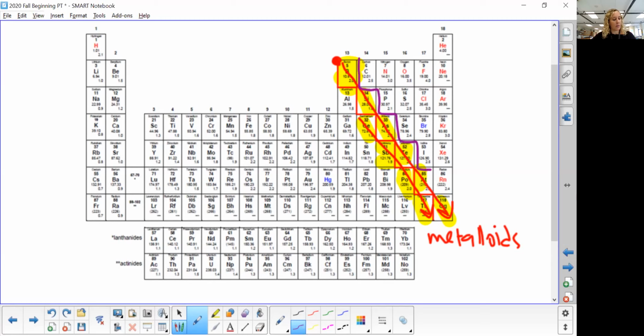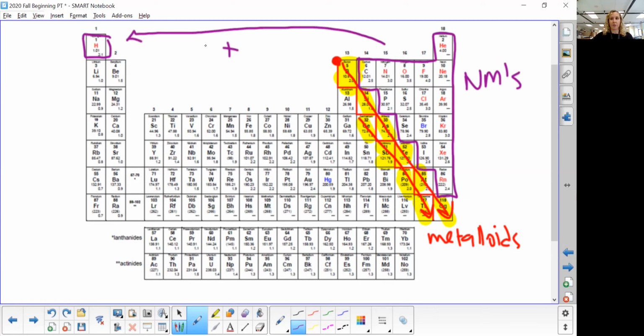So all of these elements over here are your nonmetals, and you'll see me abbreviate them as NM. It's all of these plus hydrogen. So you have to remember to do plus hydrogen. Hydrogen sits on the left, but it is not a metal. It is a nonmetal classification.